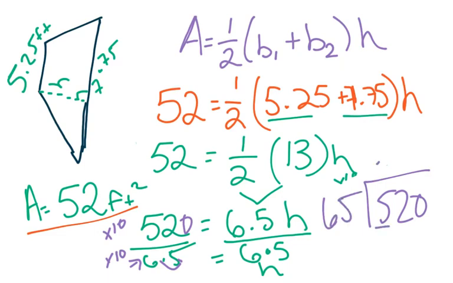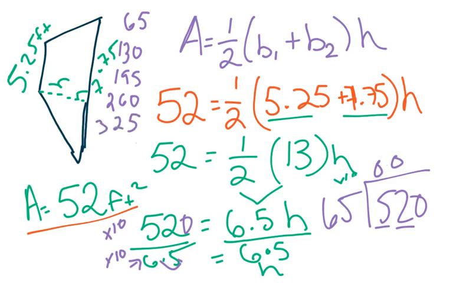Okay, let's see. 65 goes into 5 0 times. Goes into 52 0 times. Goes into 520, I don't know, I'm going to have to do it off to the side. 65 times 1 is 65. 65 times 2 is 130. 65 times 3 is going to be 195. 65 times 4 is going to be 260. 65 times 5 is going to be 325.